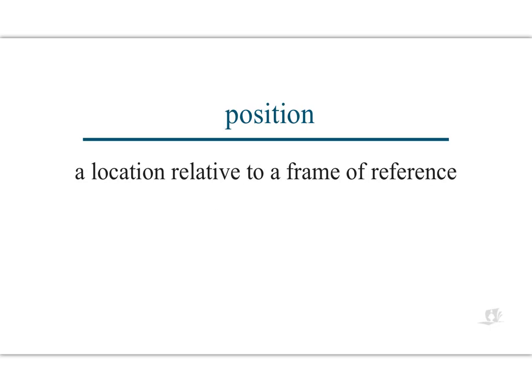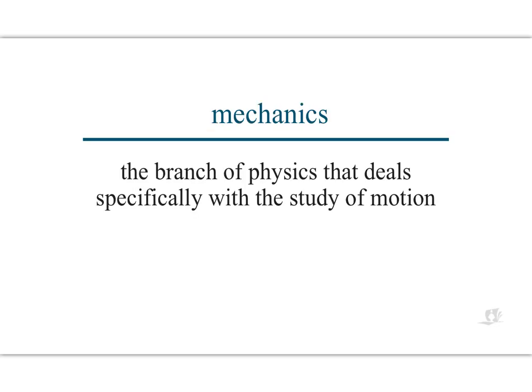And then as we look at position, position is a location relative to that frame of reference that we have established. In physics, we have a branch of physics called mechanics. Now, mechanics deals specifically with the study of motion. And so, over the next few chapters, we are going to be dealing with all types of mechanics and the study of motion.